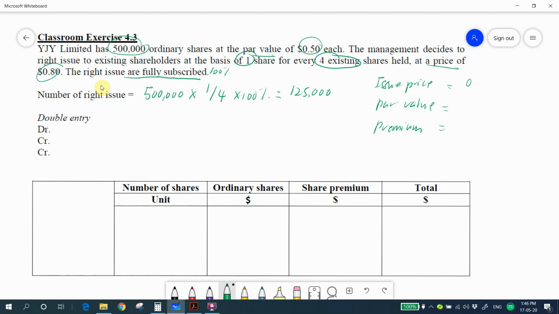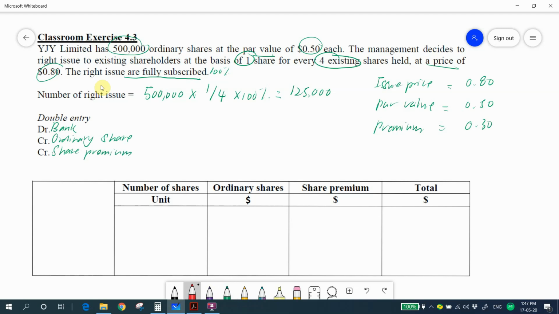Issue price 80 cents, par value 50 cents, so the premium will be 80 cents minus 50 cents, which is 30 cents. Next we pass the double entry. When we sell shares, we receive the money, so we debit the bank account and we credit the ordinary share capital account and the share premium account.